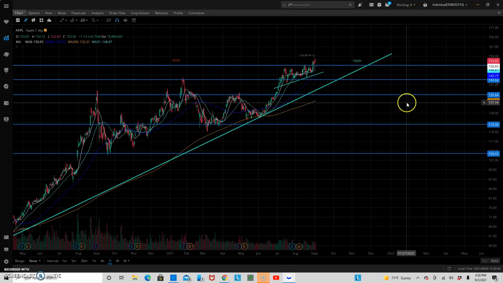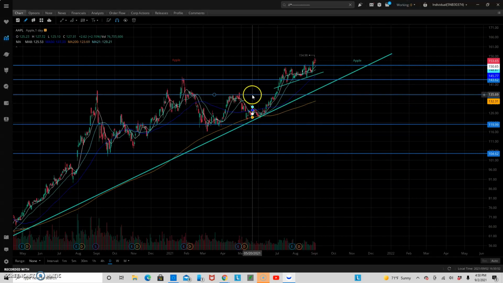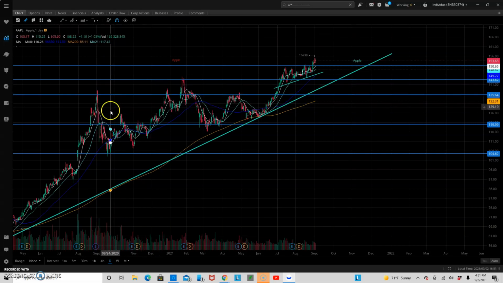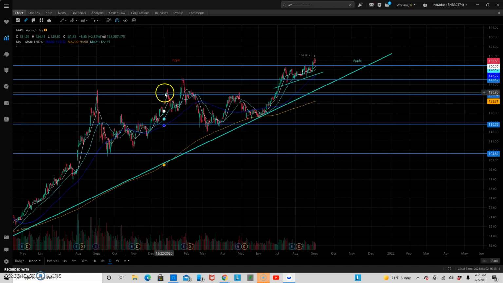All right, now going down our chart, we did have resistance in the past. We had a strong resistance point around $135.50. You could see here we hit that last August or early September, and then we got rejected off of that level before shooting down and then coming back up to retest around Christmas time of last year.